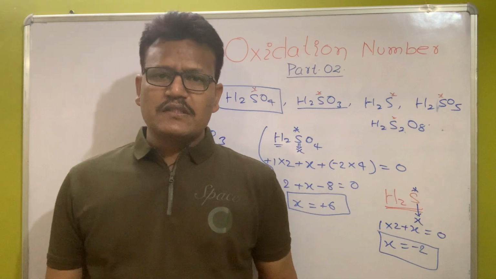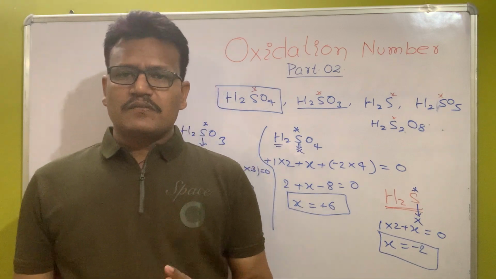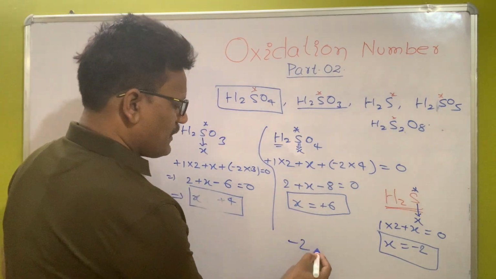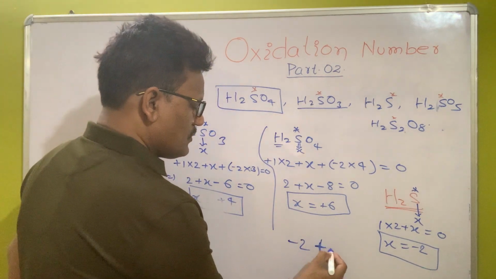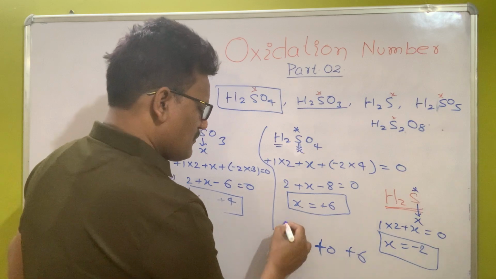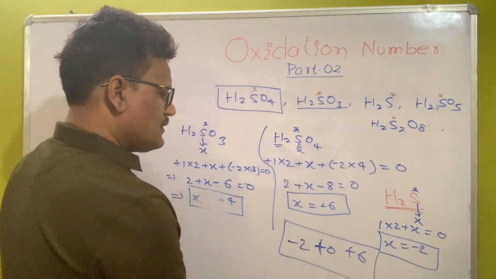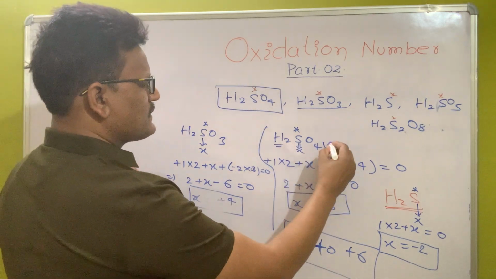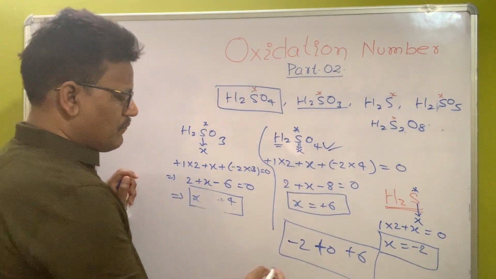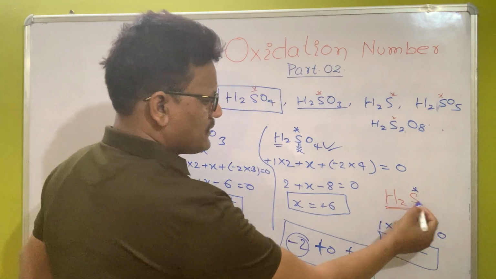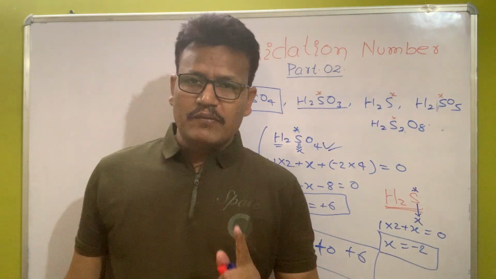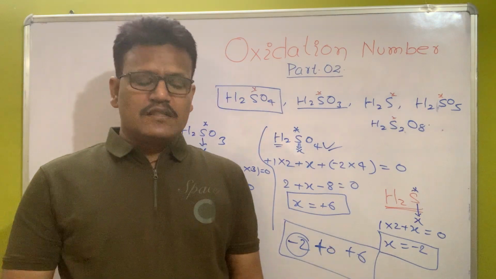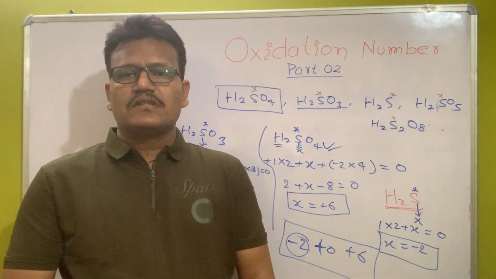You must remember the oxidation number of sulfur varies from -2 to +6. +6 is the maximum, which we have in sulfuric acid, and -2 is the minimum, in H2S.